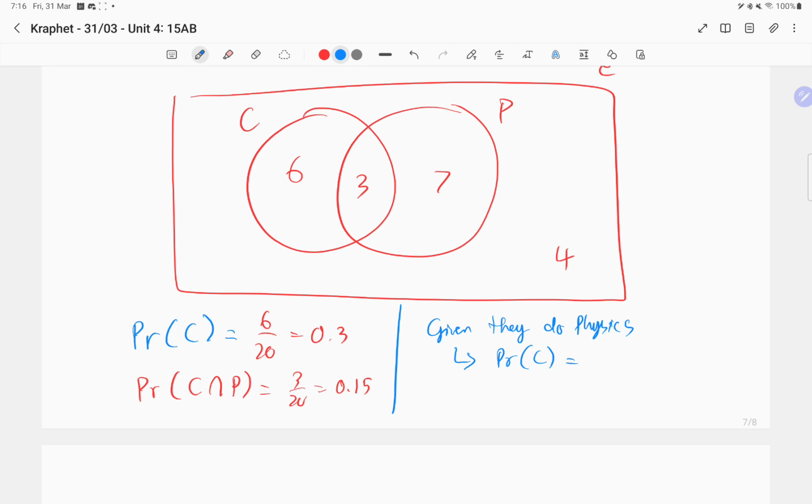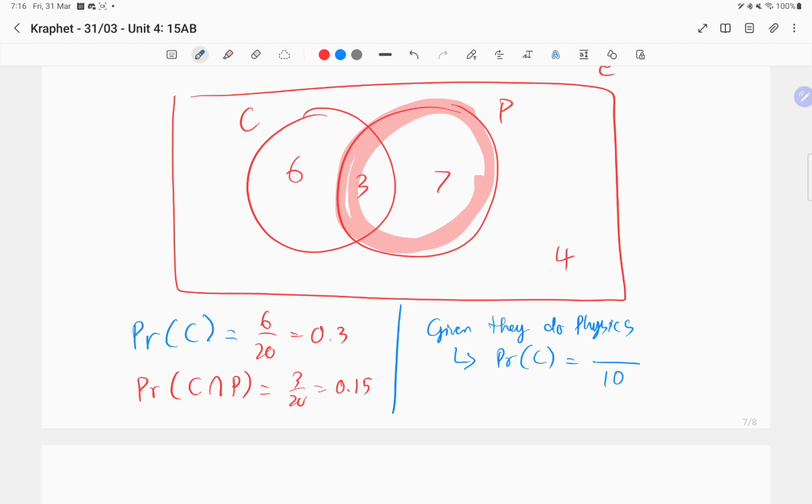Physics and chemistry, 10 over... No, given that they do physics, what does that mean? It means we're only looking at these people. It's restricting it. So now it's out of 10 instead of out of 20. Does it make sense? Because given, we're ignoring all the other people.